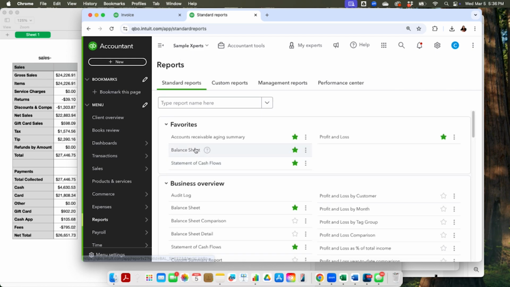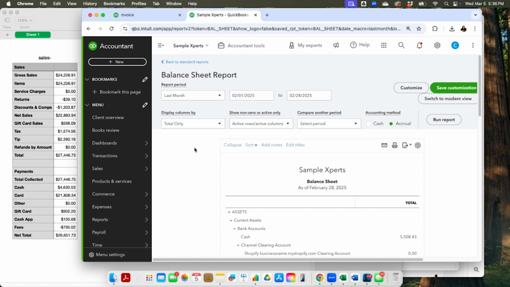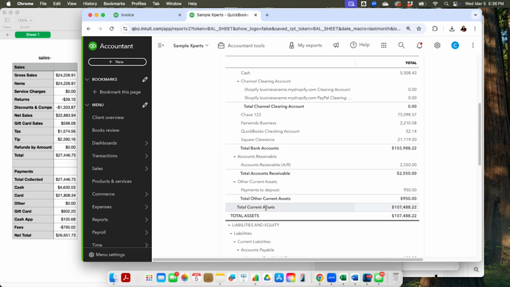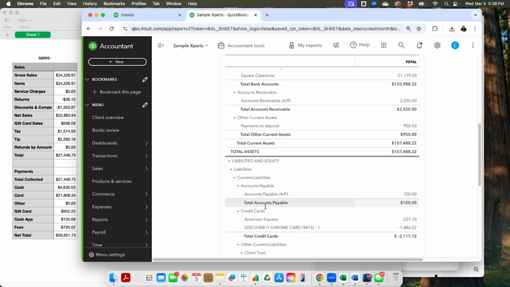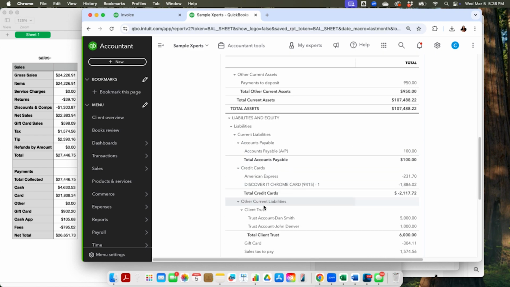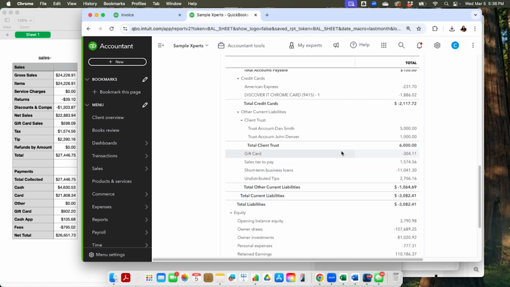What about the balance sheet? We got to check the balance sheet too. And what are you going to check on the balance sheet? You're going to check the liabilities that we recorded, such as sales tax. Sales tax to pay, $15.74. Oh, by the way, of course, you're going to have more sales tax than this.